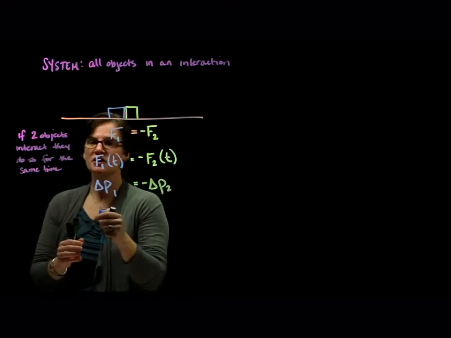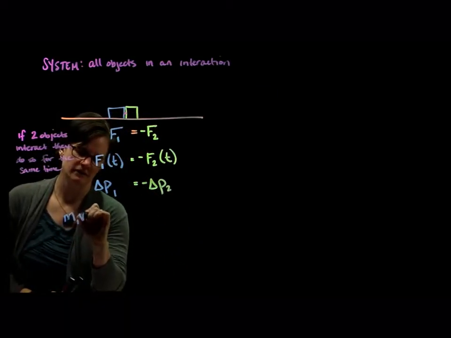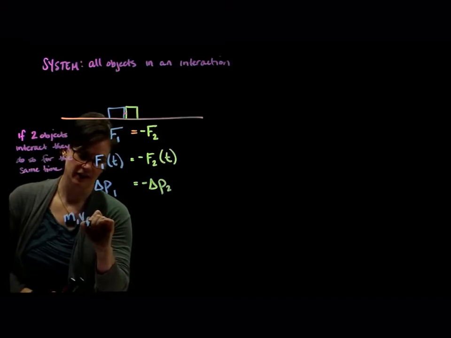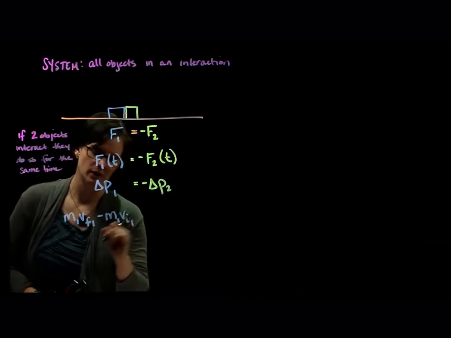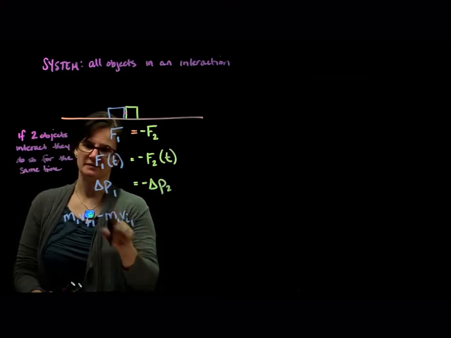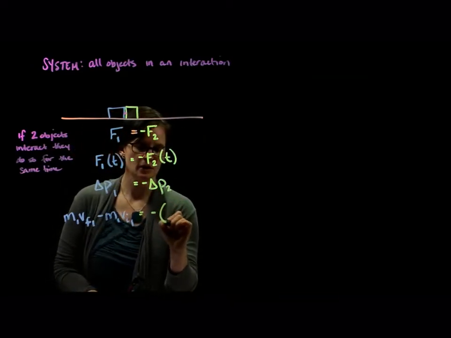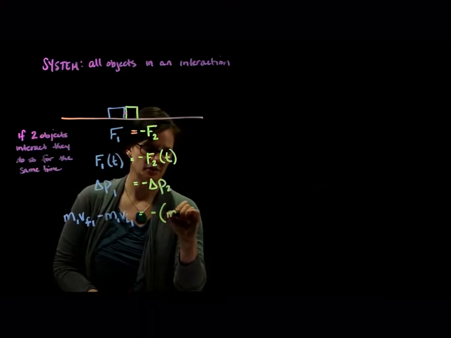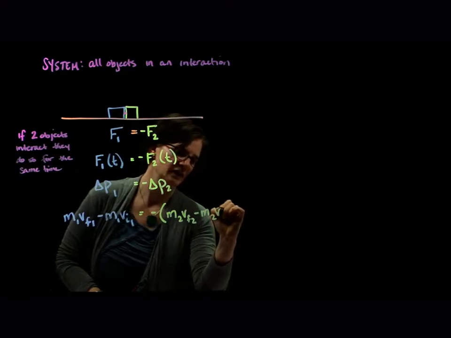Well, we know that the change in momentum of object 1 is going to be m1 v final 1 minus m1 v initial 1. So the final momentum minus the initial momentum. That's our change in momentum. Similarly, we know that the change of momentum of object 2 is m2 v final 2 minus m2 v initial 2.